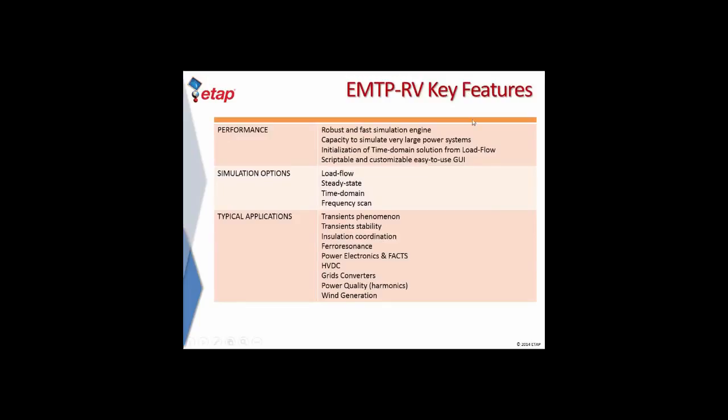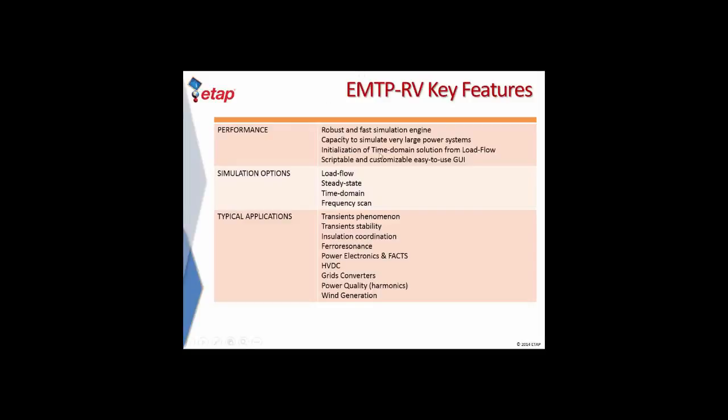What are the key features of the software? When we talk about fast transient simulations, something extremely important is the solver. Fast transient simulations are kind of complex, especially if you have a very large network, and we claim that the EMTP-RV solver is the best that exists on the market. It can simulate a very large network in a second without compromising the precision and accuracy of the system.